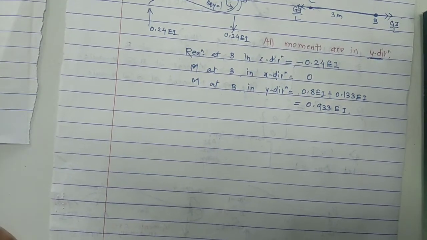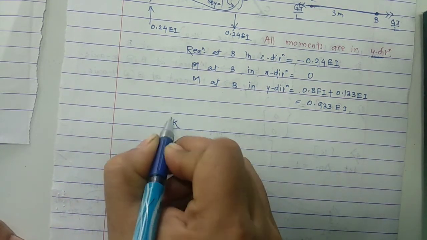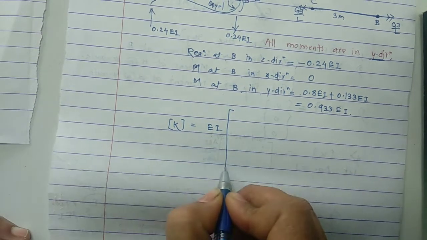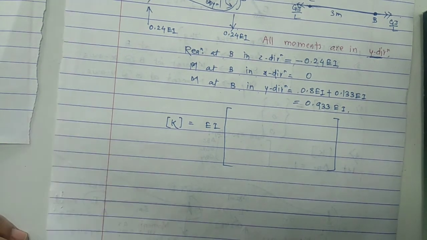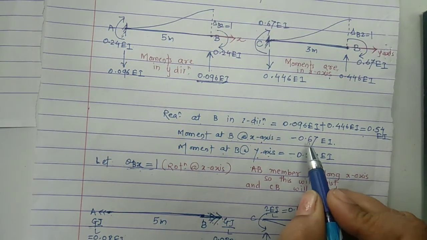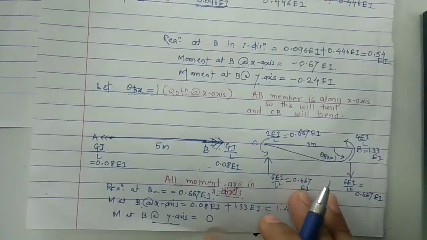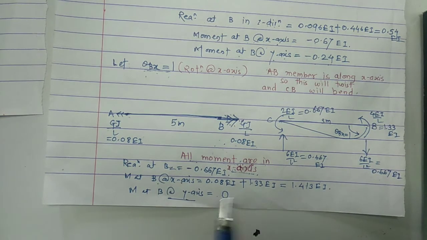Okay, so here the process of calculation of stiffness matrix K is completed. So let us write that final K matrix in matrix form of order 3 by 3. The very first column, when delta Bz equals 1, has these 3 points: 0.54, minus 0.67, minus 0.24. The second column, when theta Bx equals 1, has these 3 points.